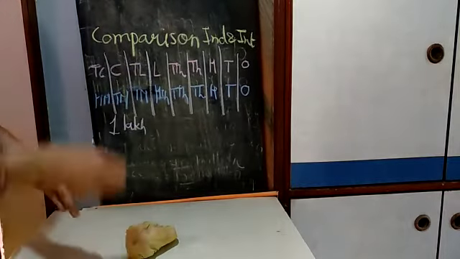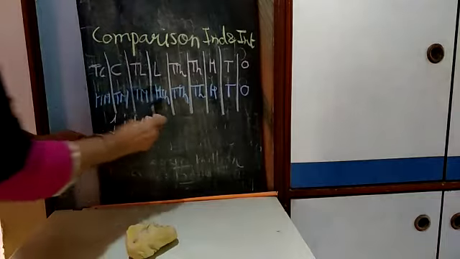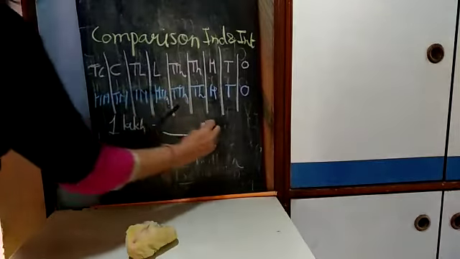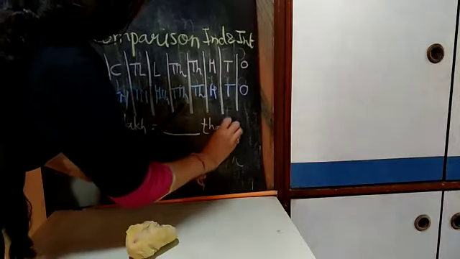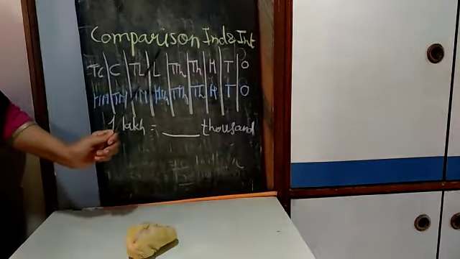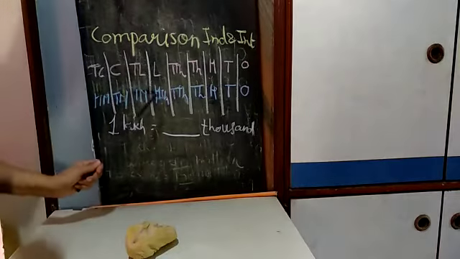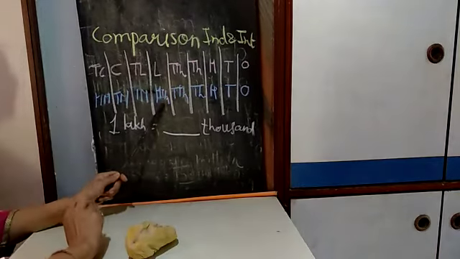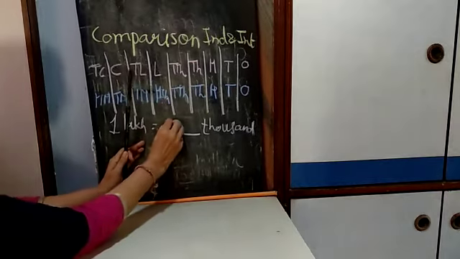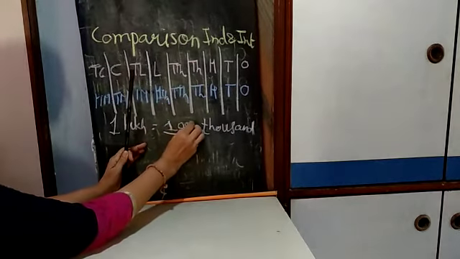See children, 1 lakh is equal to how many thousand? So if it is 1 lakh in Indian system, then how many thousand in international system? So 100. So it is 100,000.